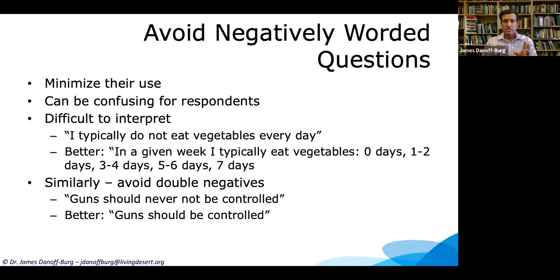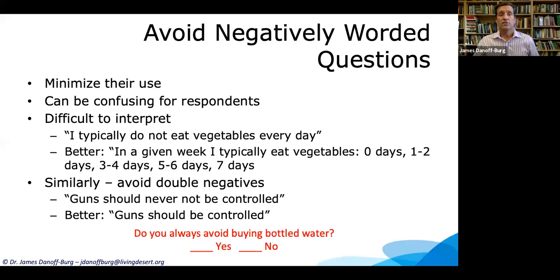These kinds of double negatives can really confuse a respondent and will definitely confuse how you analyze that data. So try to figure that out and try to avoid that as much as possible, especially double negative questions, but just negatively worded questions can often be best avoided generally.